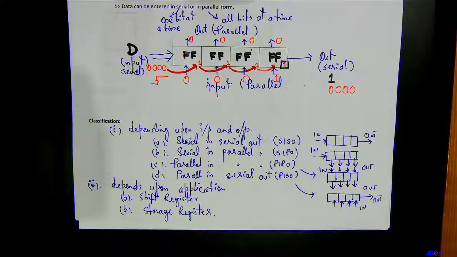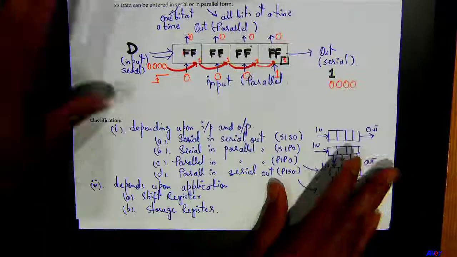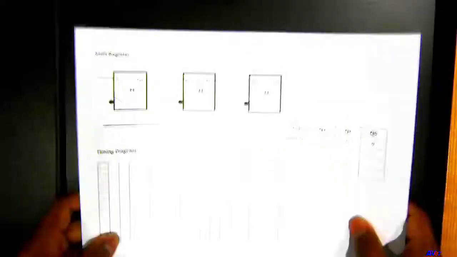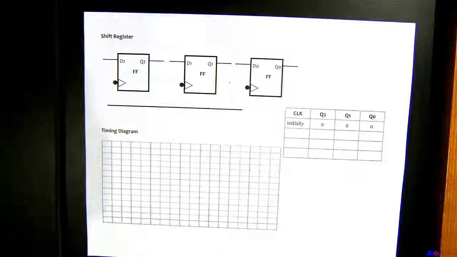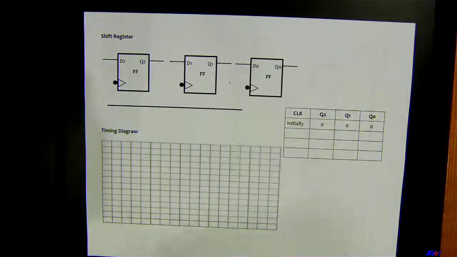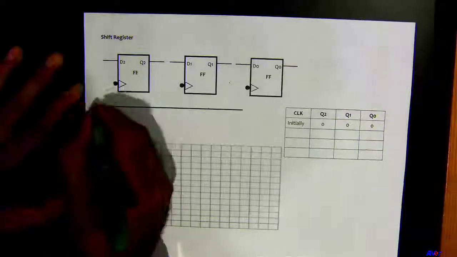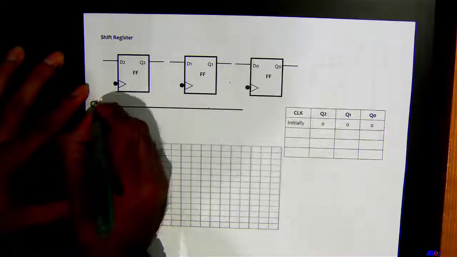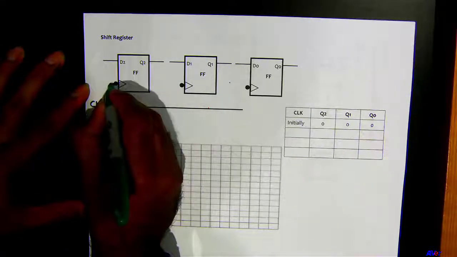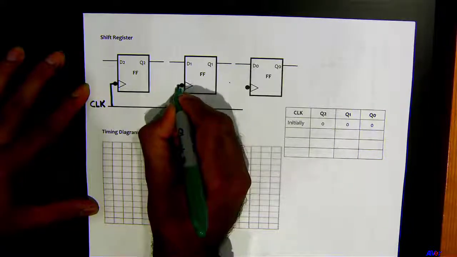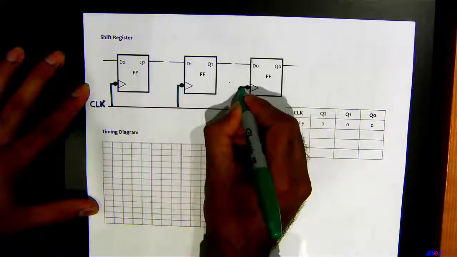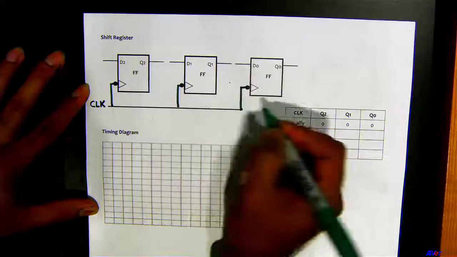That is it. I have one last example, which is going to be this one right here. Is it a negative edge or a positive edge trigger flip-flop? Negative, correct. So you're going to have your clock here. All the flip-flops are connected to the same clock.